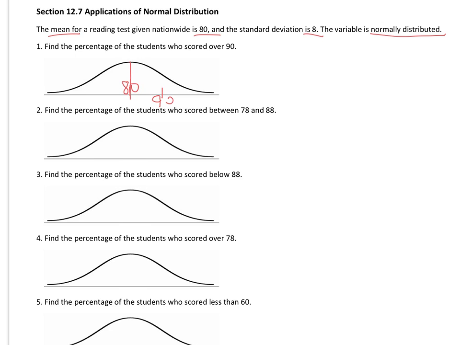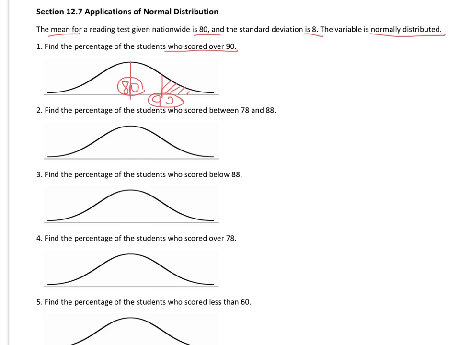I draw a line for the mean and a line for my data value. I read the question, it says, who scores over 90? I need to shade the question region. Over 90 means above 90, to the right side of 90. Remember, 80 is my mean and 90 is my data value.